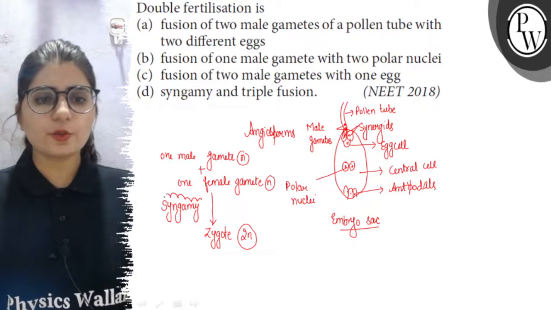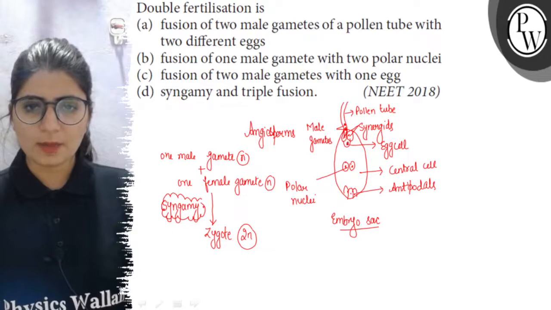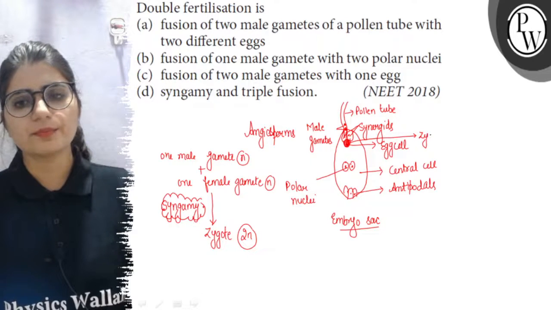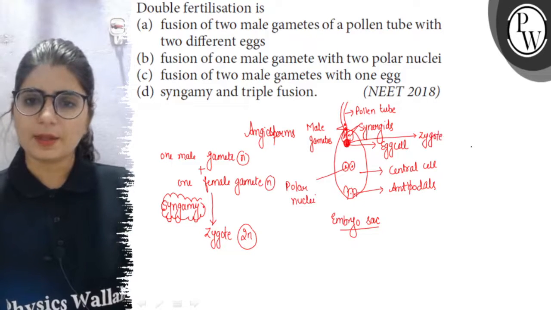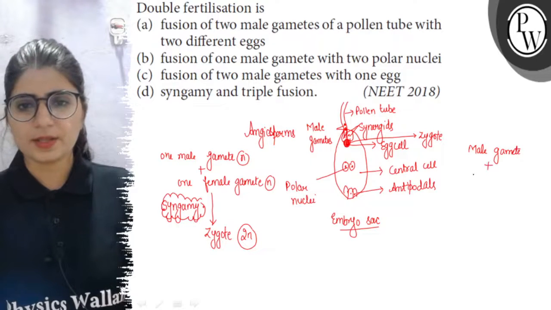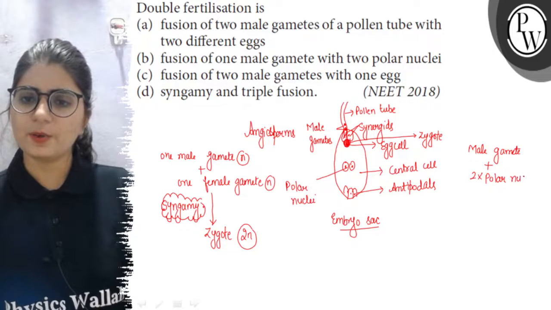Now as there are two male gametes, what happens with the other male gamete? One male gamete fuses with the egg and this forms the zygote. Now the second male gamete fuses with two polar nuclei which are present in the central cell. So it will fuse with two polar nuclei.